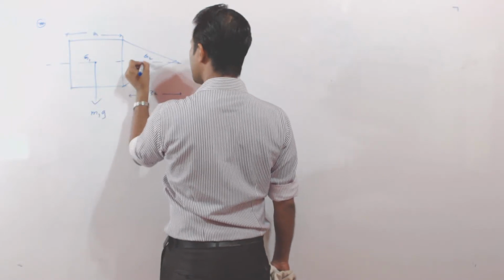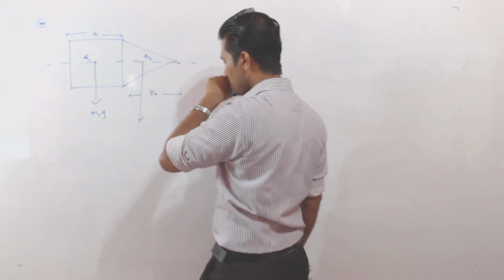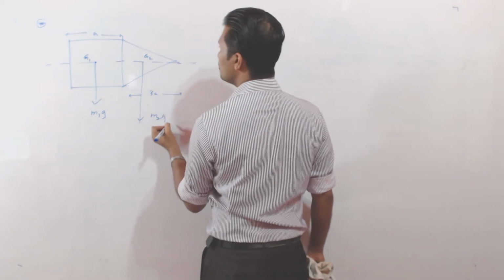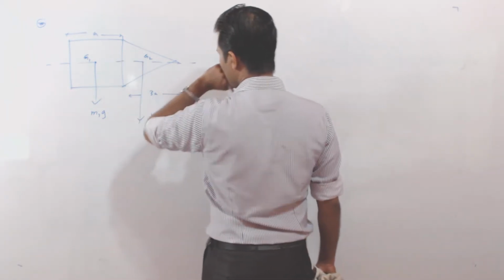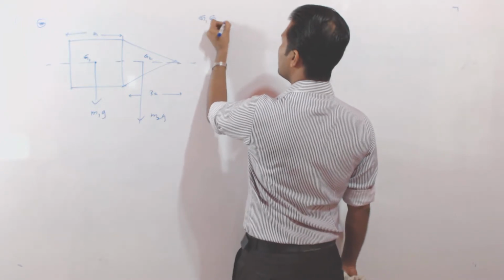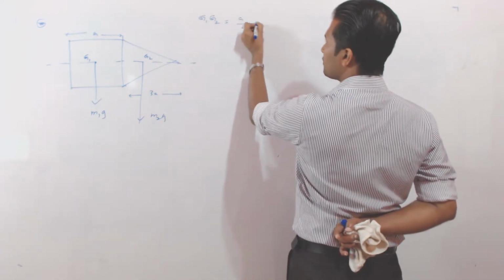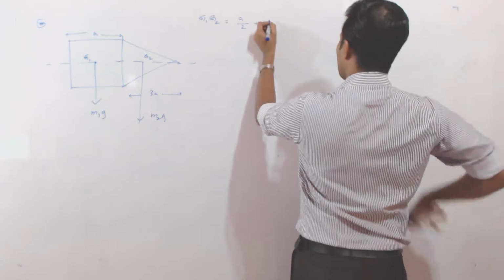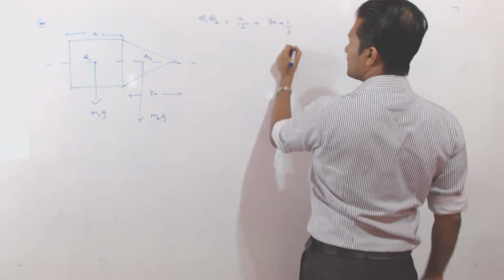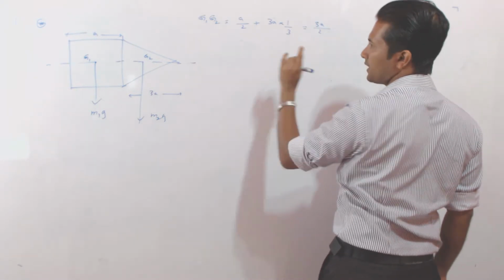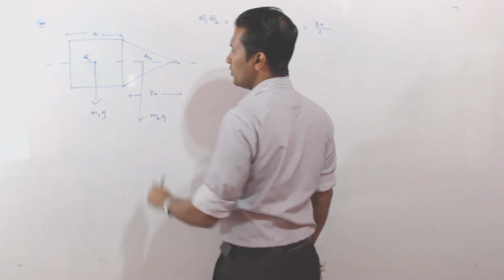Then consider the rectangular plate. The weight should be m2g. So we can consider G1 and G2, and the gap between G1 and G2 should be a divided by 2 plus 3a into 1/3, which is 3a divided by 2. That is the gap between G1 and G2.